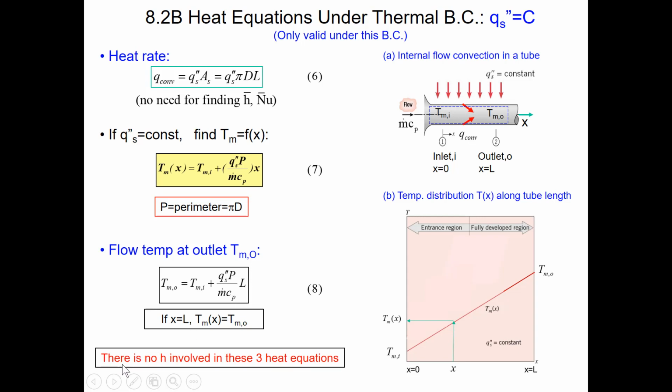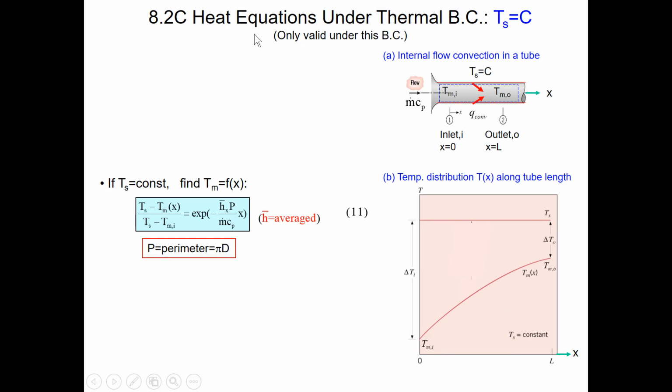Please note, there's no heat transfer coefficient involved in equations 6, 7, 8. Therefore, there's no way for us to know whether the local or averaged heat transfer coefficient is involved.